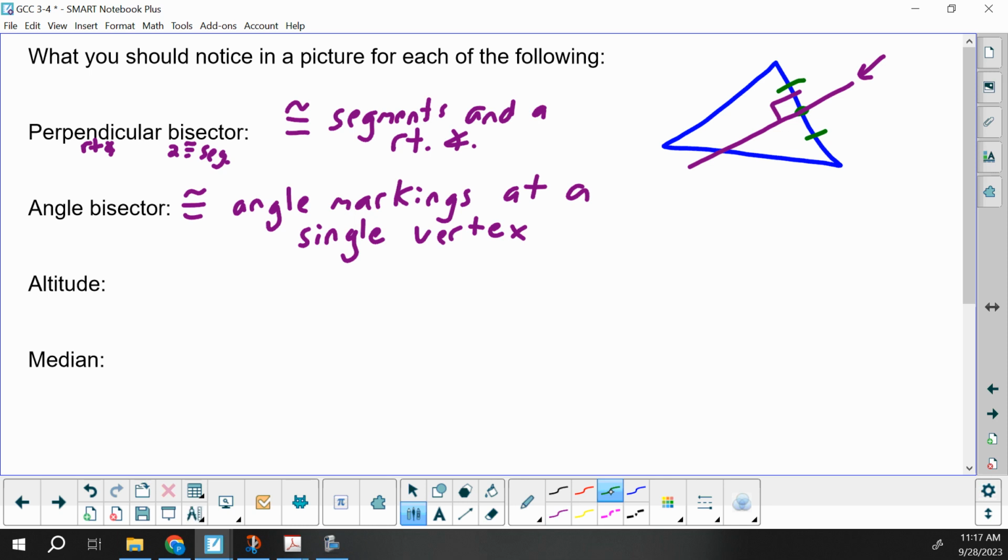And we'll show you an idea of that over here. So let's say you've got some line coming from a vertex. If you see the arcs for congruent angles, then you know that red line there is an angle bisector. The markings of the angles tell us that it's an angle bisector.